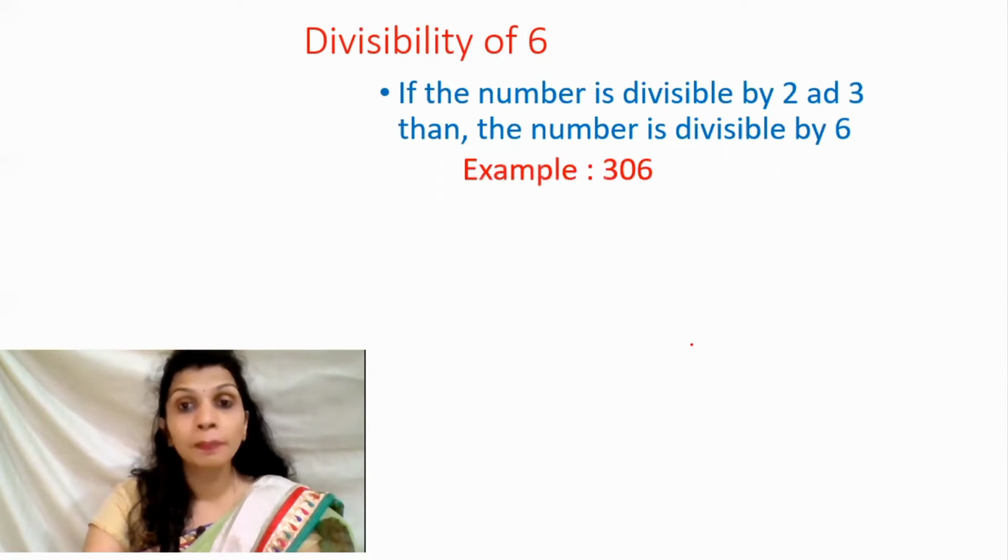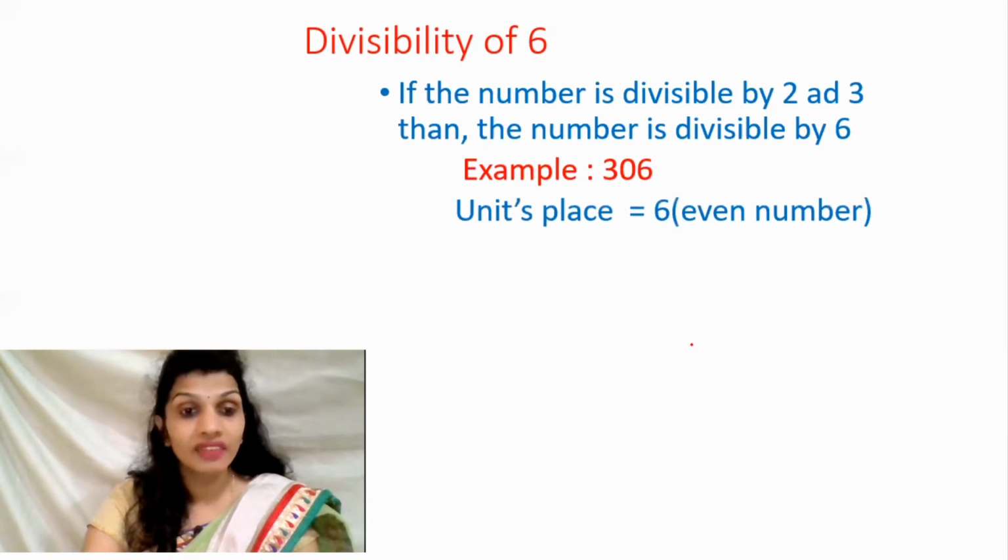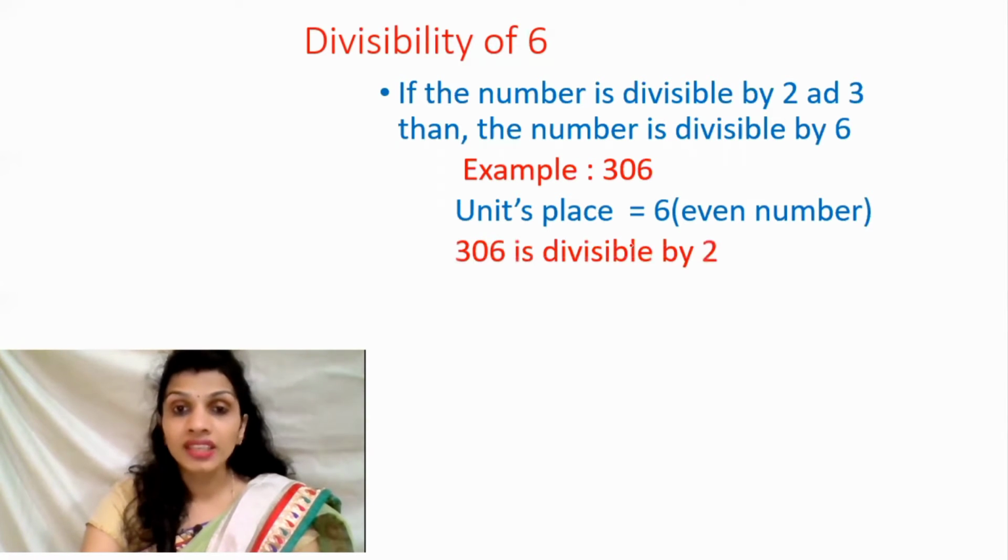So let us take one example. Suppose I am taking the number 306. Now the divisibility rule states that the unit place number should be an even number. Here 6 is there and 6 is an even number. So it satisfies the divisibility rule of 2. It means that 306 is divisible by 2. Now the divisibility rule of 3 is that the sum of all digits should be divisible by 3.